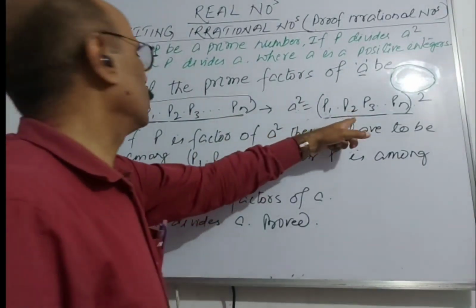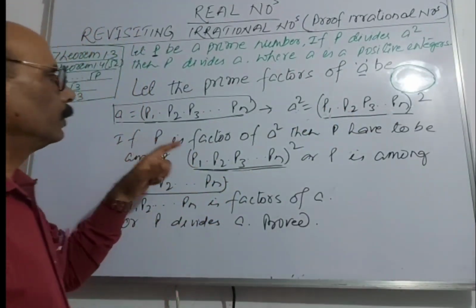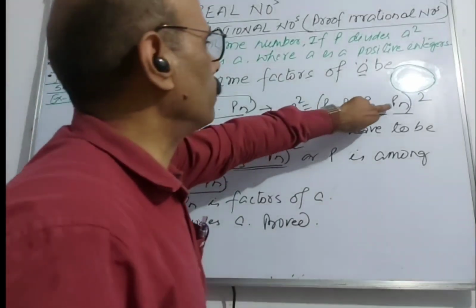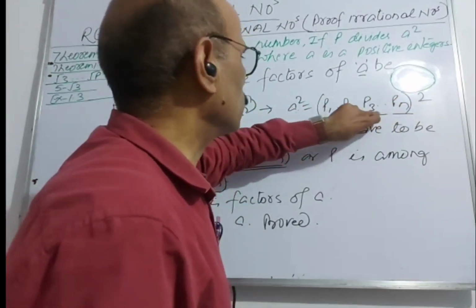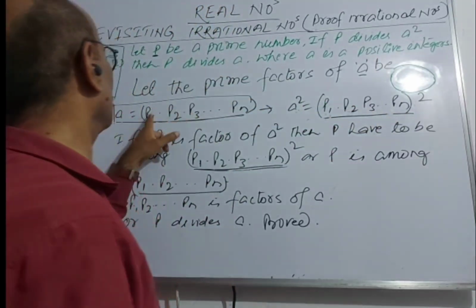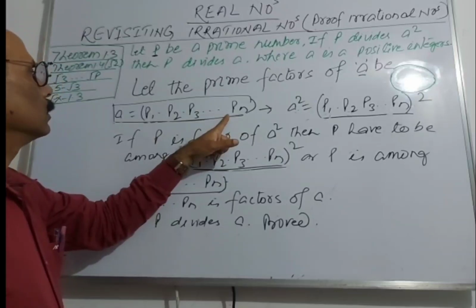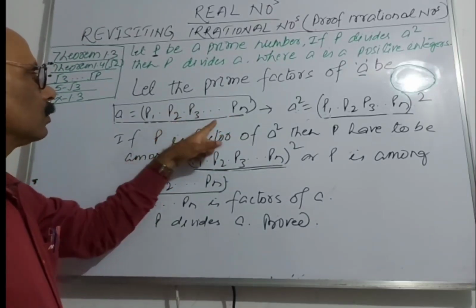If P is among these, P is a factor of A square. And this same base without the square is a factor of A, so P has to be among these factors.